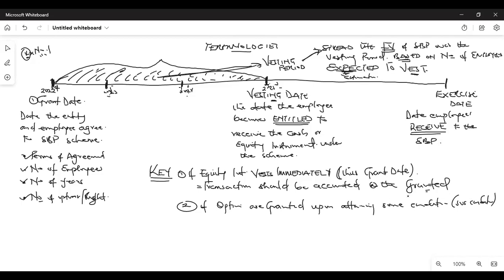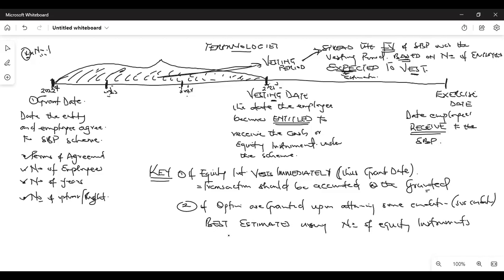Then for that one, you have to use estimation of the number of people. So you have to use what we call best estimate, using the number of equity instruments, I mean, the employees who will be vesting.